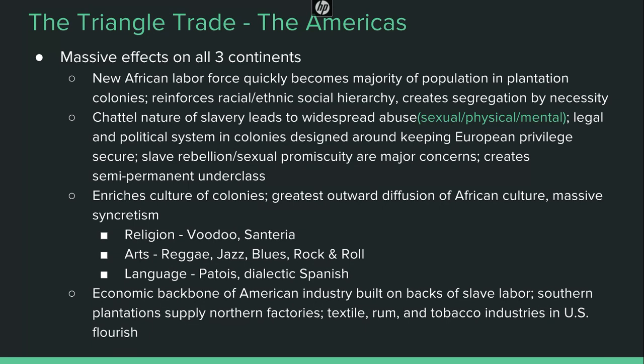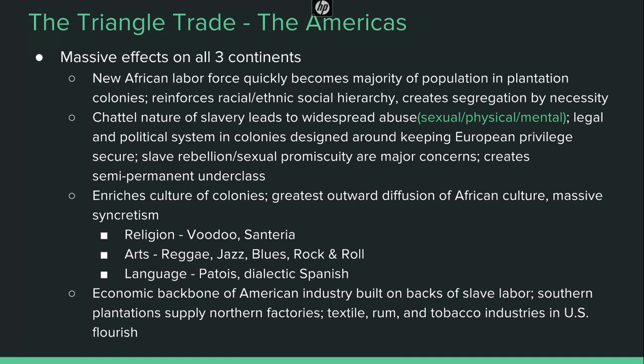Now, because of the chattel nature of transatlantic slavery, this leads to widespread abuse among the slave population, sexual abuse, physical abuse, mental abuse. The legal system and the political system in the colonies is designed specifically to keep European privilege and European safety and wealth secured.